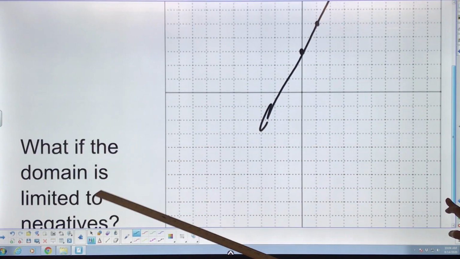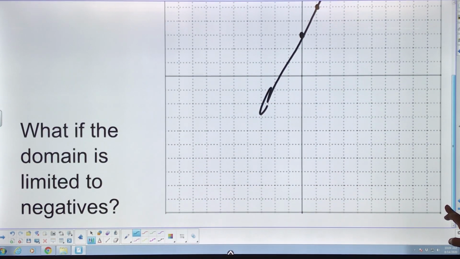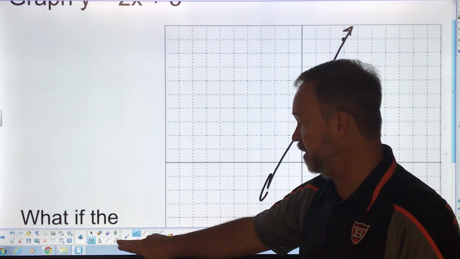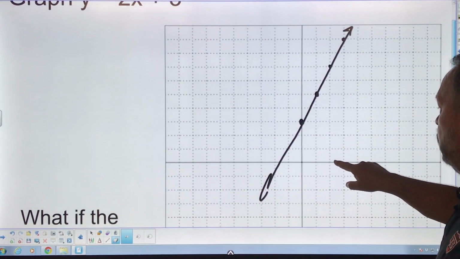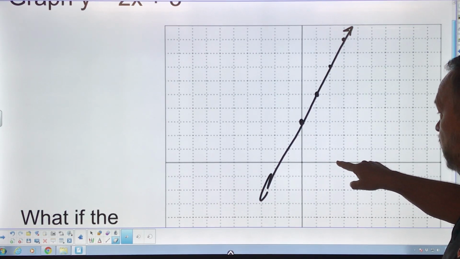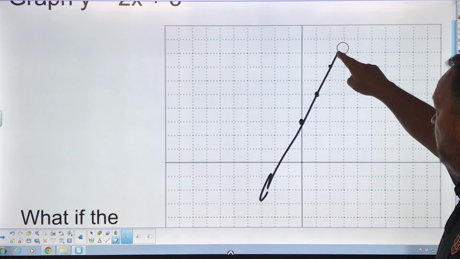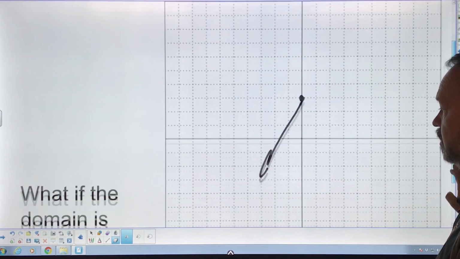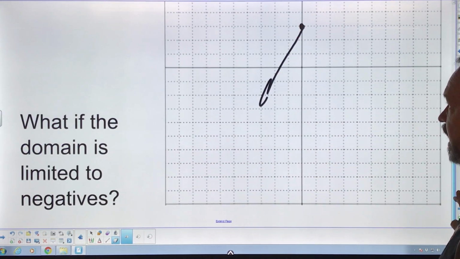Well, what if we said the domain is limited to the negatives? It can only be negative. It can't be positive. Then we can't have where x is 2, and we can't have where x is 1, and where x is 4, and where x is 2.5. Those things cannot exist. It can only be a negative number.